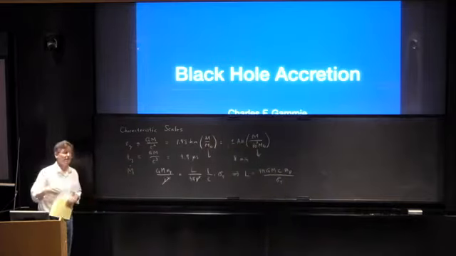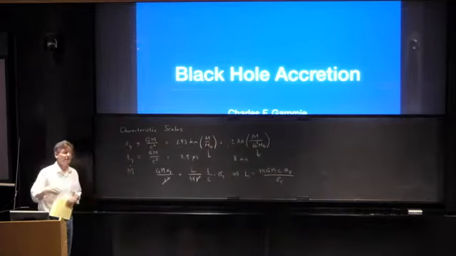But we're interested in building physical models, so we want to talk about characteristic accretion rates. And there's a notion that when a gram of matter accretes, some fraction of its rest mass energy is released as radiant energy. And that fraction is called the accretion efficiency.